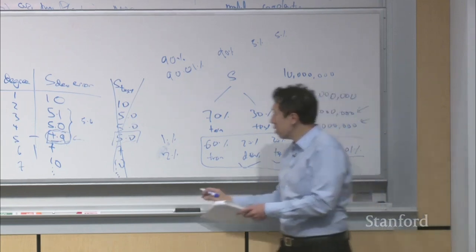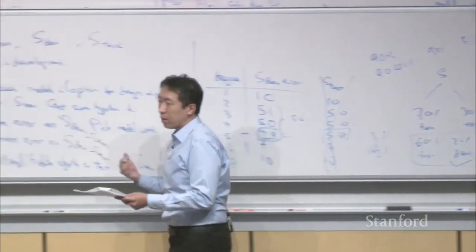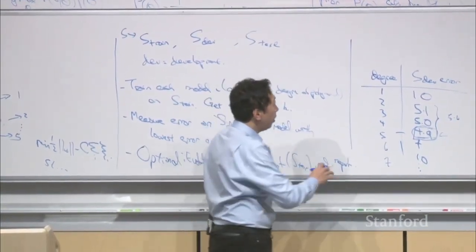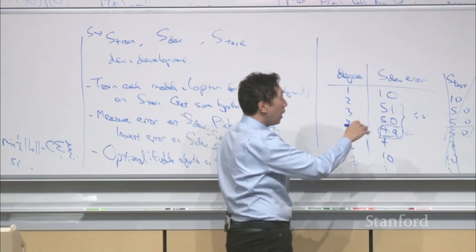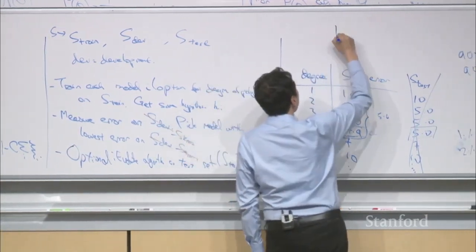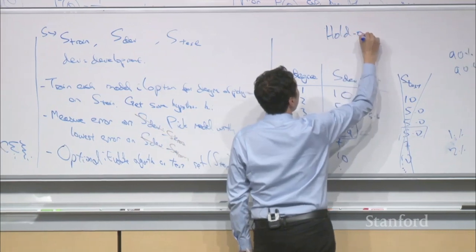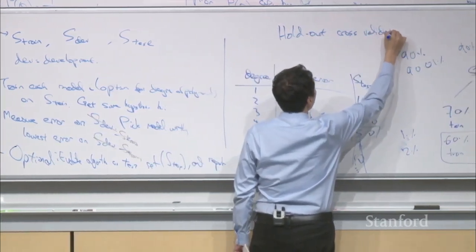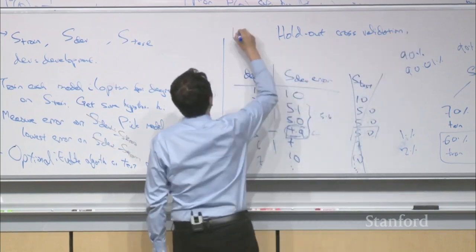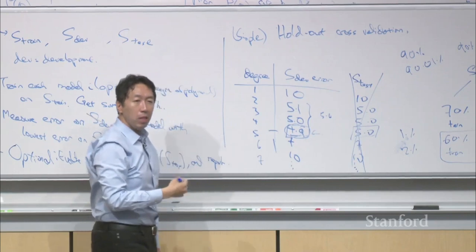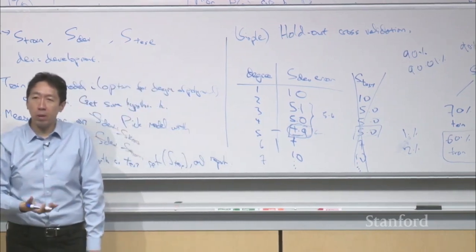All right. Just to give this whole procedure a name, what we just did between the train and dev set is called holdout cross-validation. And sometimes, to distinguish this from other cross-validation procedures we'll talk about in a minute, it is called simple holdout cross-validation.